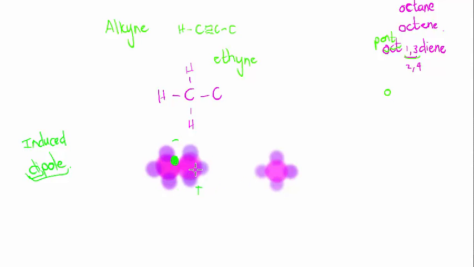So the forces that exist between two ethane particles are still very small, because the chances of this happening are small, but higher than the chances of induced dipole forces happening in methane.